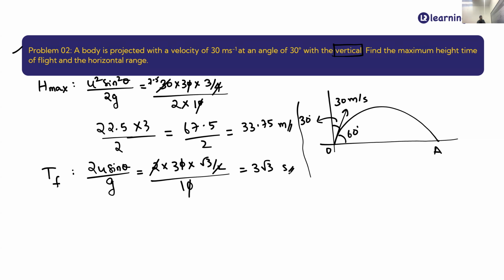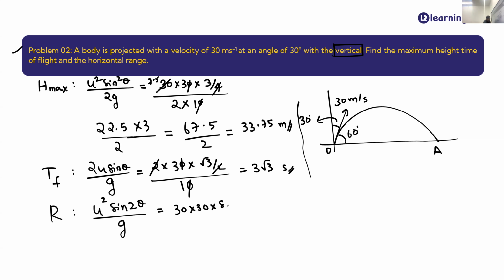Right. Similarly, what is going to be the value of range? So range is u square sine 2 theta divided by g. So u square is again going to be 30 into 30 into sine of 2 theta. Theta is 60. Sine 2 theta will be sine 120.